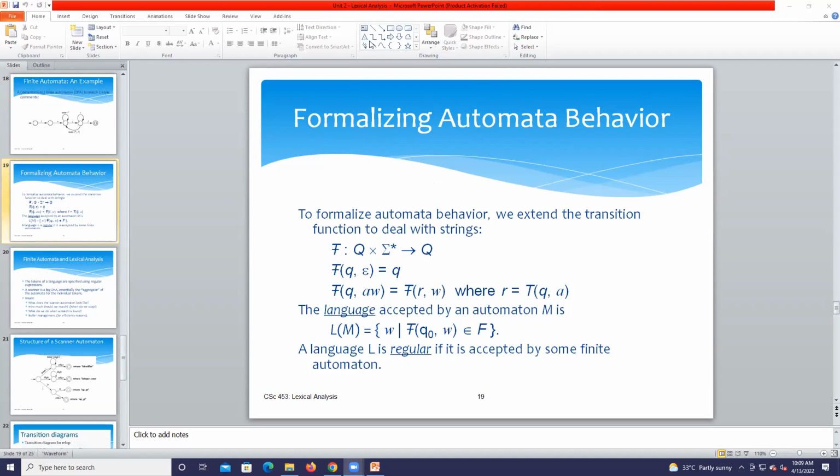Basically, finite automata, which is used for token generation, is divided into two types. One is called DFA and the other is called NFA.